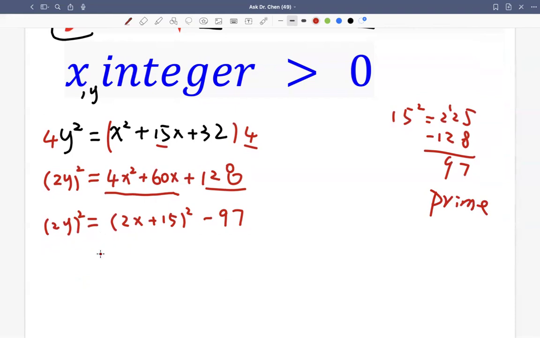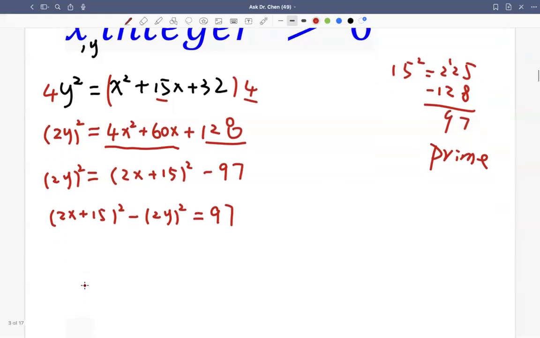Now let's move negative 97 to the other side, where it becomes positive. Move 2y squared to the same side as this. So we can write (2x plus 15) squared minus (2y) squared equals positive 97. Why do we want to do this?